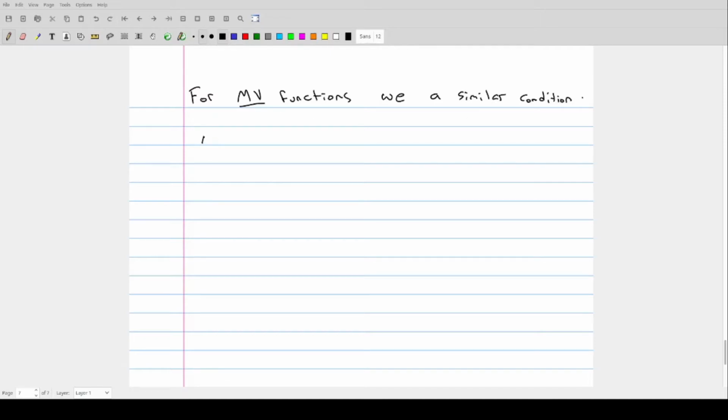We say that a multivariable function is differentiable if there is a best linearization or linear approximation to the function.